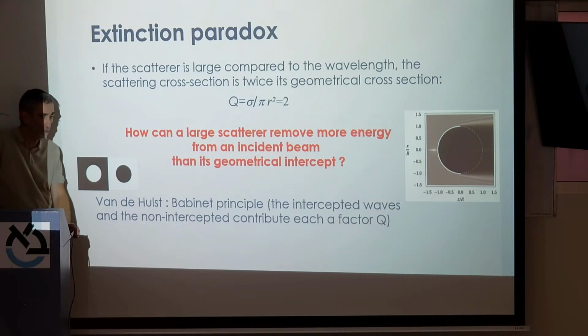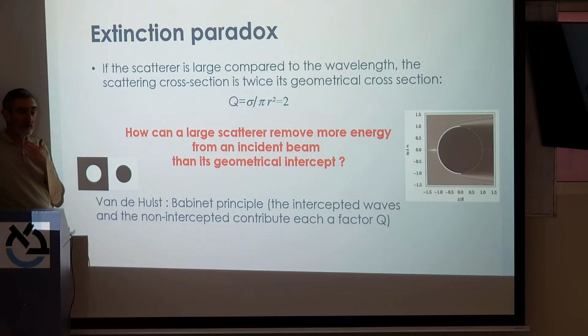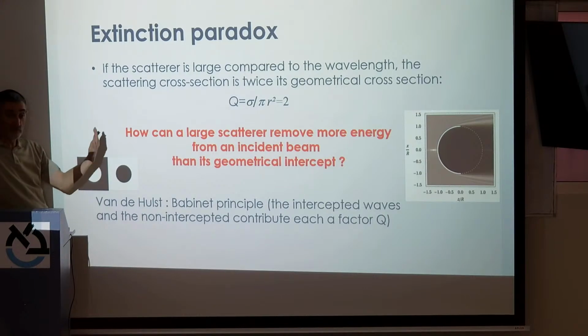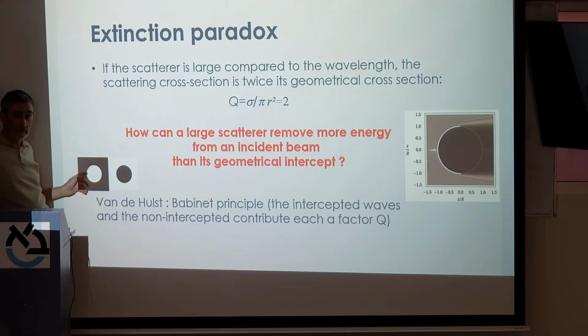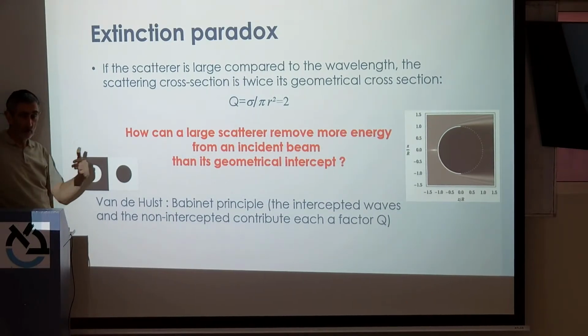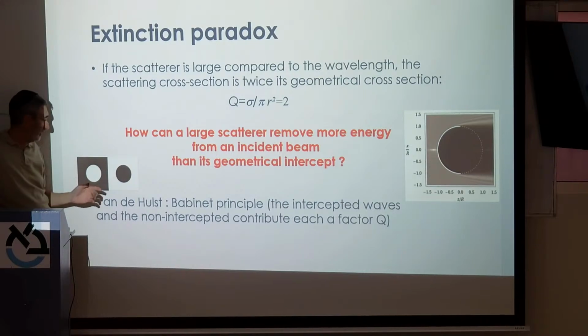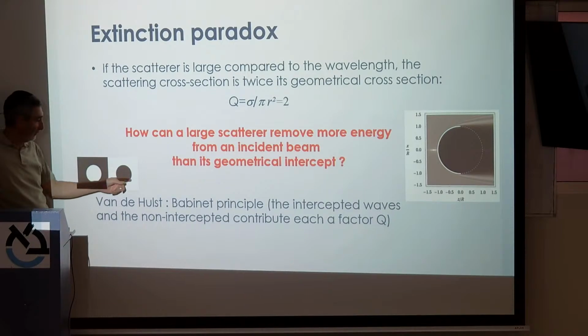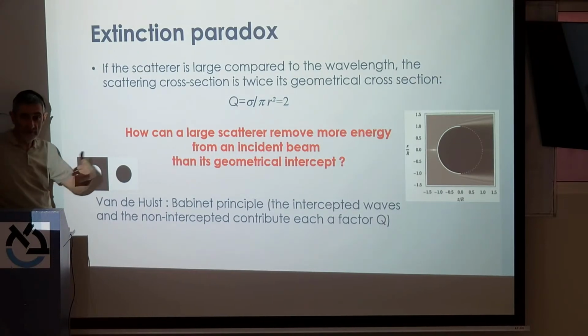So the Babinet principle tells you that if you imagine the incident wave, the incident wave is the sum of two components. Let's say you put a screen with a hole. Part of the light that goes through the hole is a component of the incident wave, and if you take the reverse of this image, a black circular obstacle like that, the rest will add with this part to form the incident wave.